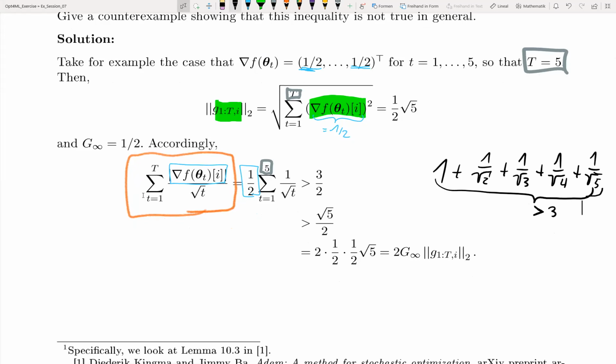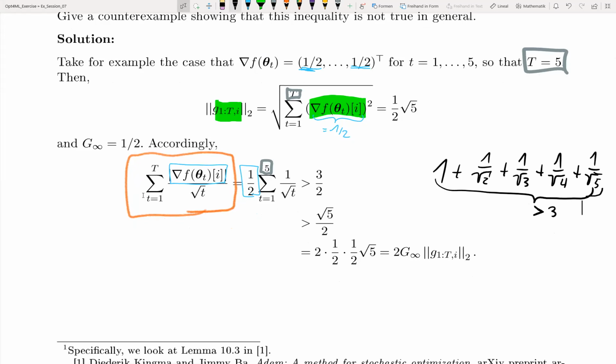And we have seen above that 1/2 times square root 5 is the Euclidean norm of this history vector, and well, the 2 is what we had before.